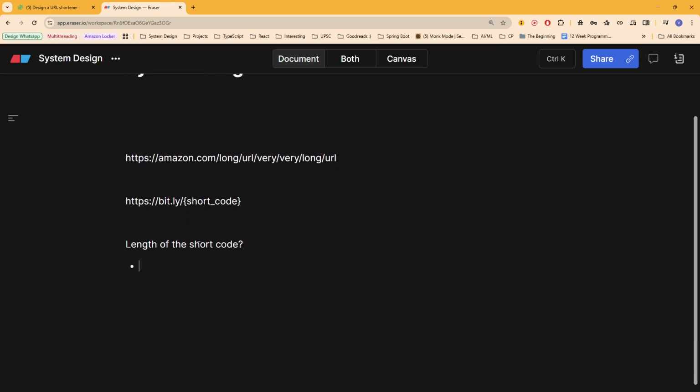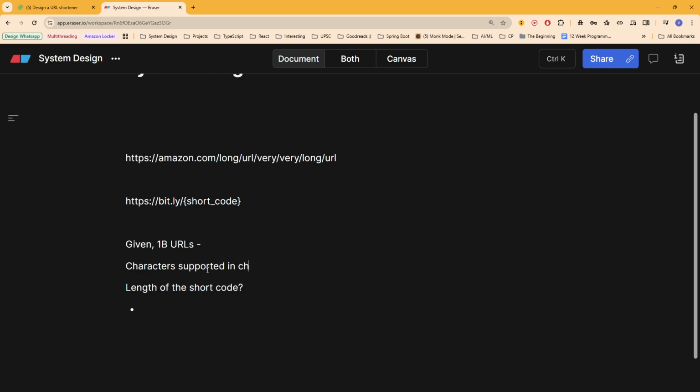Here, as I said, think about the scale of the system. It was given that we want to support 1 billion URLs. And what are the characters supported in our shortcode?